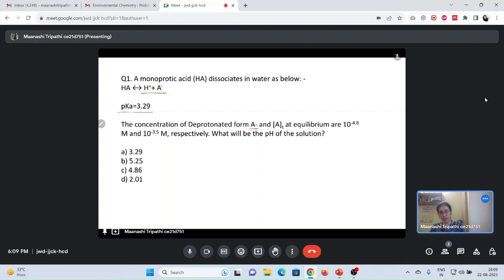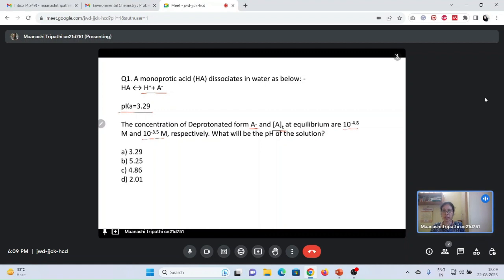Because the proton, which is H, is removed from this acid, so it is the deprotonated form, or we can call it the conjugate base. And AT means total concentration of A at equilibrium are 10 raised to power minus 4.8 molar and 10 raised to power minus 3.5 molar respectively. So what is the pH of the solution?